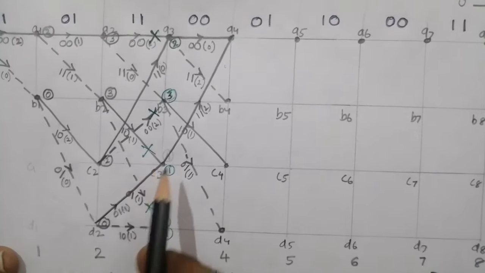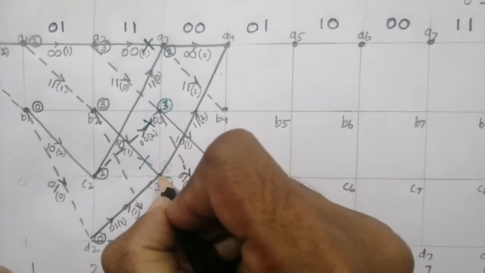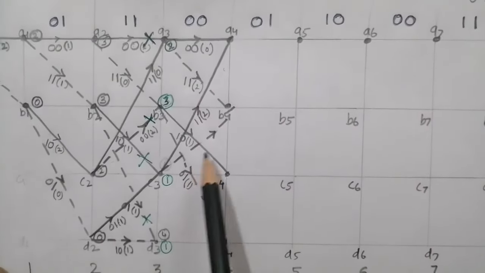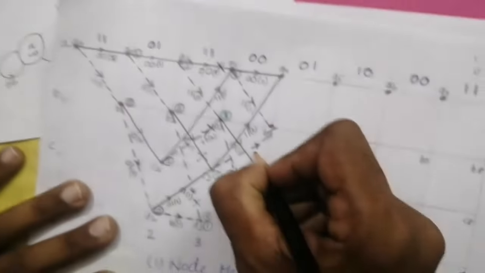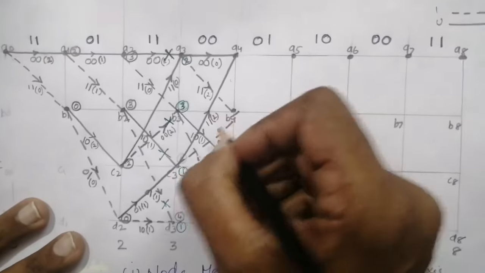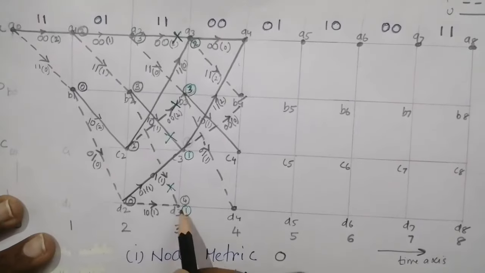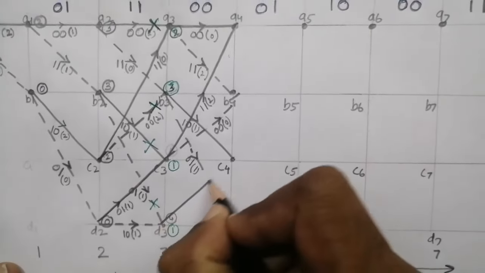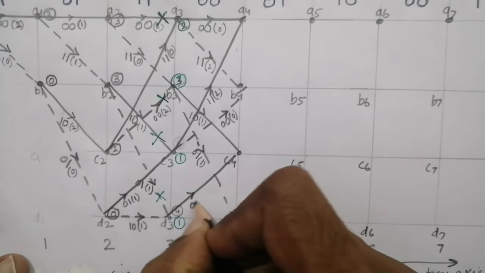If 1 comes, it will go to B4, output is 0 0, and discrepancy is 0. Similarly, at D3, if 0 comes, it will go to C4, and output is 0 1.